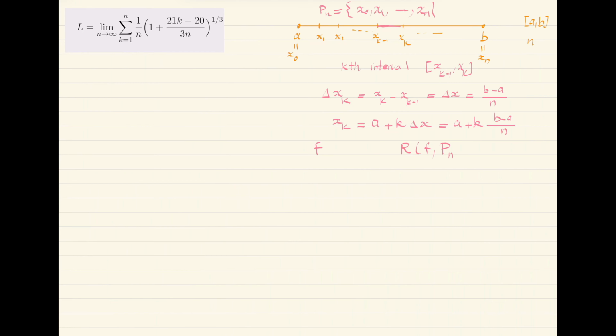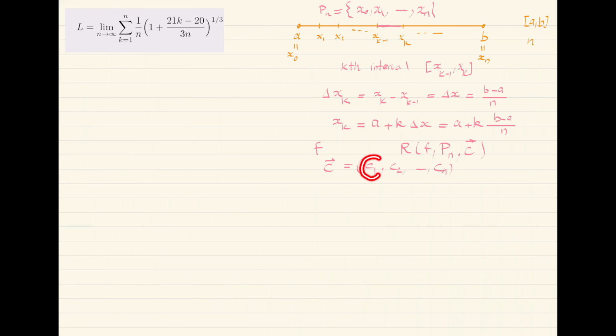Okay? But for setting up a Riemann sum, I also need something which we call a tag, and it's a vector consisting of n components. So c is a vector with n components. The first component I denote by c1, c2 up to cn. But what are these numbers? These are just any arbitrary numbers chosen from the appropriate interval.